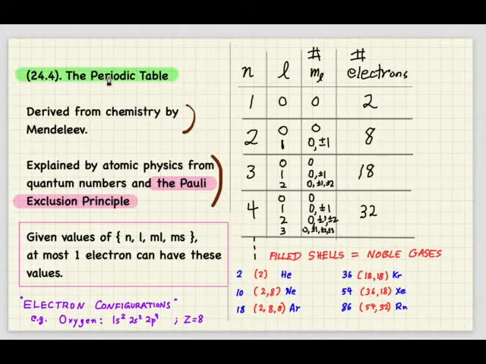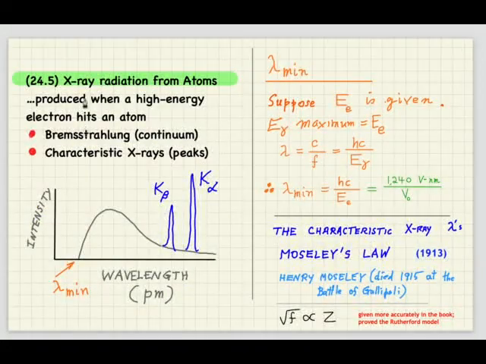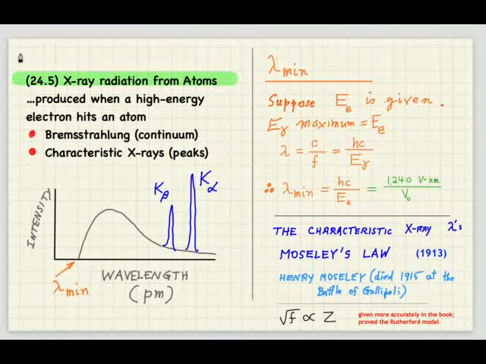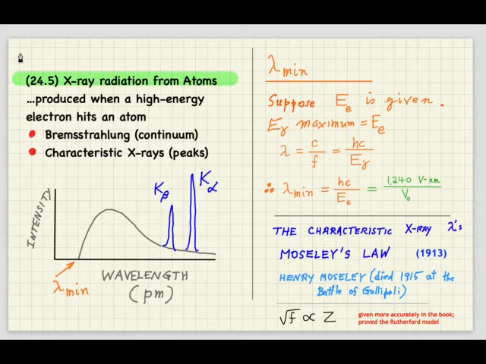Now there's one final section in chapter 24, section 5, which concerns X-rays radiated by atoms. This can happen when a high-energy electron hits an atom. So imagine an experiment like this. You have an atom, which contains many electrons, and you have a high-energy electron, which is shot into the atom.